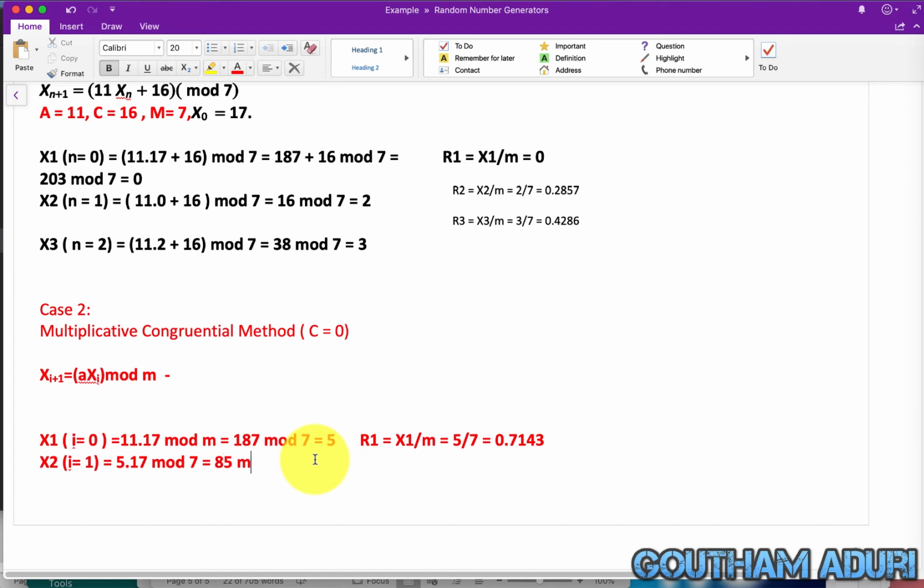So 85 mod 7, 7 12s are 84, and the remainder is 1. And the next one, R2, is x2 divided by m, which is 1 divided by 7, about 0.14. So this is how you calculate for the three numbers. Next, case 3 for the additive congruential method.